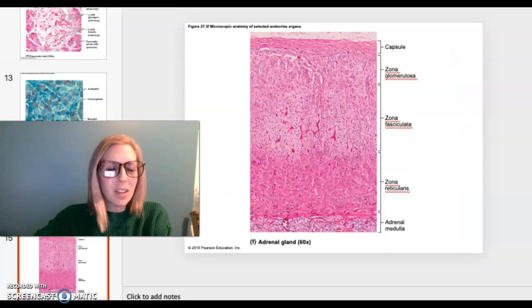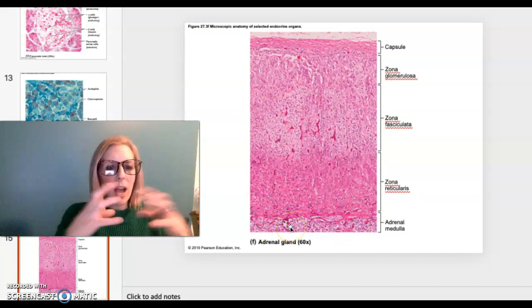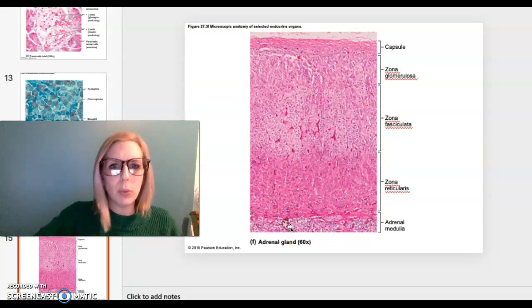To touch in with the image that's in your lab manual, this capsule outside, okay, you can see this capsule here. And then the zona glomerulosa, you can see sort of clusters here, this more parallel lining of the zona fasciculata, and then this more branching areas of the zona reticularis above this clustered, really clumpy sort of adrenal medulla.